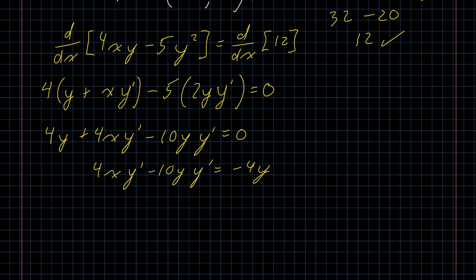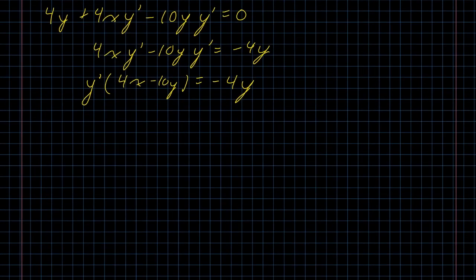Then factor out the common factor of y prime on the left-hand side, which leaves us with 4x minus 10y. And I can divide both sides of the equation by that. y prime is equal to negative 4y over 4x minus 10y. For our purposes, that's actually good enough.